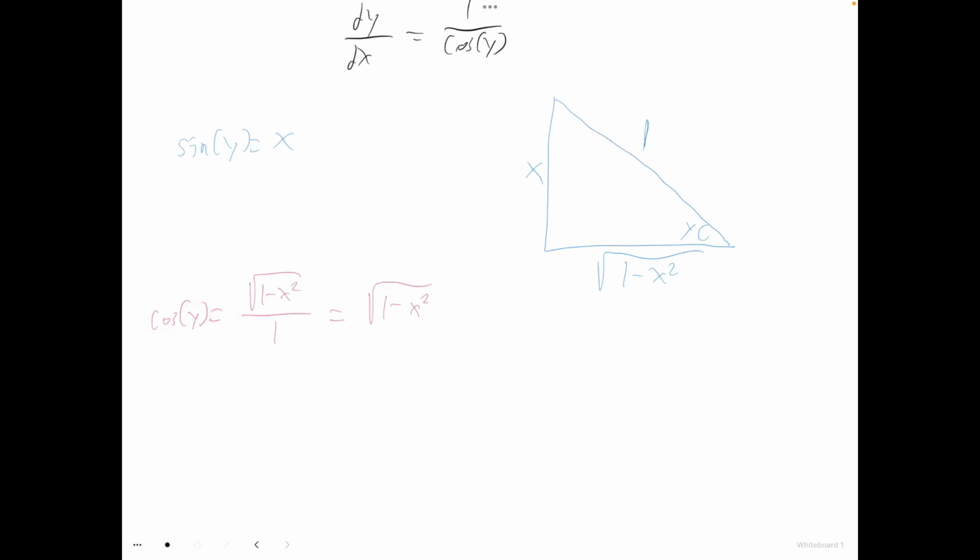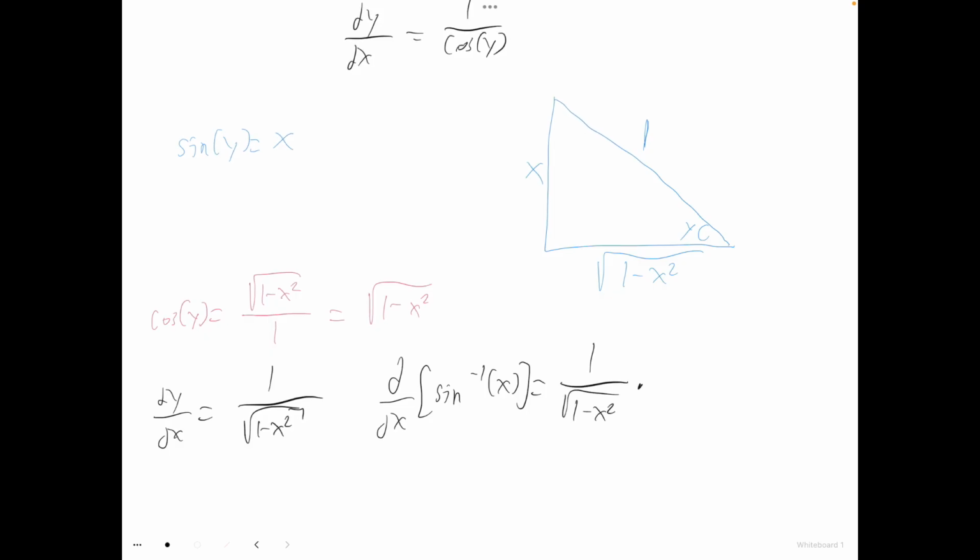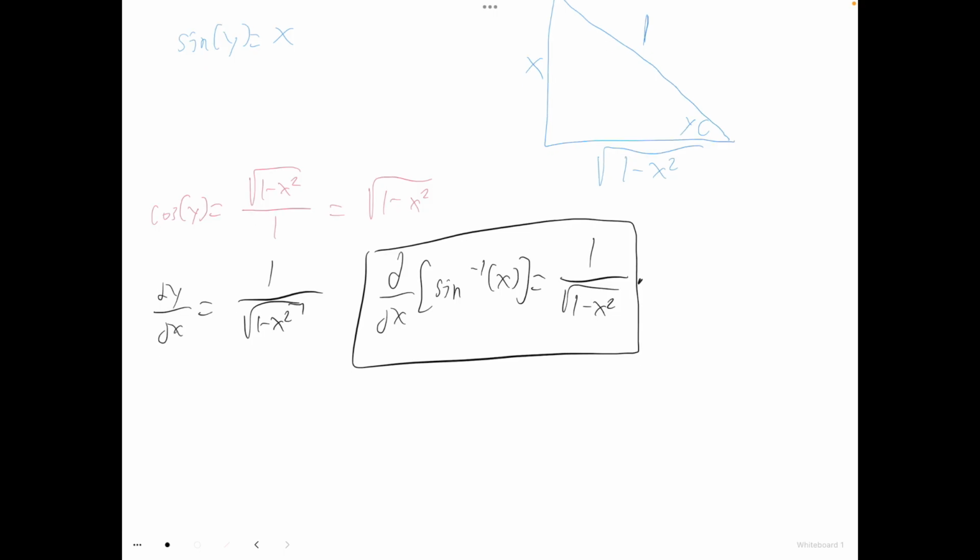And we can plug that in then to get dy over dx equals 1 over the square root of 1 minus x squared. Or in other words, the derivative of sine inverse of x is 1 over the square root of 1 minus x squared. And so we've computed then the derivative of sine inverse.